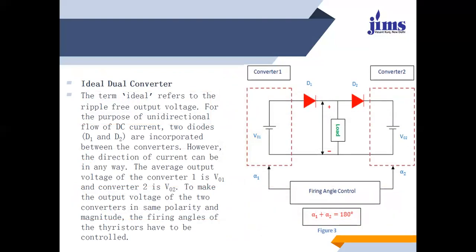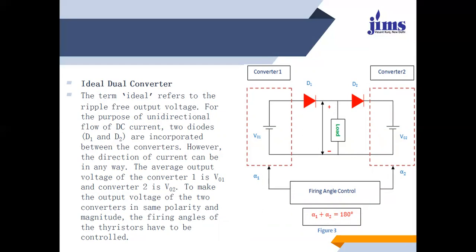In the ideal case of the dual converter, the term ideal refers to ripple-free output voltage. For unidirectional flow of current, two diodes are incorporated between the converters. However, the direction of current can be either way. The average output voltage of converter 1 is V01 and of converter 2 is V02.